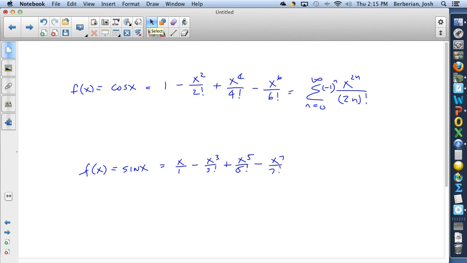I want to tell you that if we said sine x is approximately x minus x cubed over 3 factorial, we would call that a third degree approximation. Technically, there's a little bit of ambiguity, and different books do different things. There's ambiguity over whether this is a 2-term approximation or a 4-term approximation, because the c of 0 would be 0.